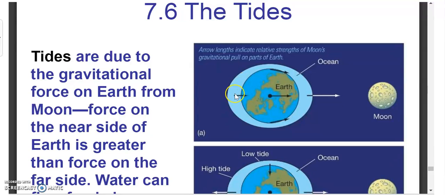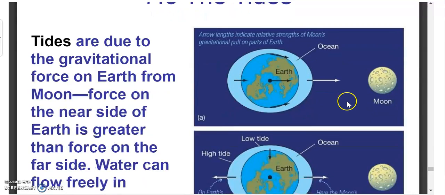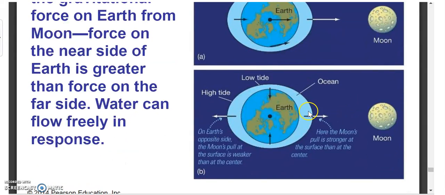All right. Now the high tide on the other side is more difficult to explain. Really, what it has to do with is inertia. So basically, just looking down on the Earth, you get this tide, of course, which is caused by, as I said, differential gravitation.